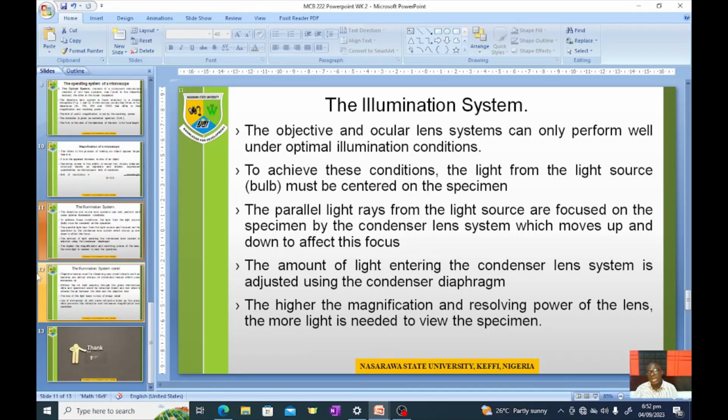It could be 1 eye or 2 eye, which is a monocular or a binocular, but the operating system is the same, where you have the light source coming from under a specimen which is laid on the stage, and mechanically it is adjusted to be in focus, whose rays upon transmission are received by the objective lens, which first enlarges the object, whose real image is formed in the tube just before the ocular lens.